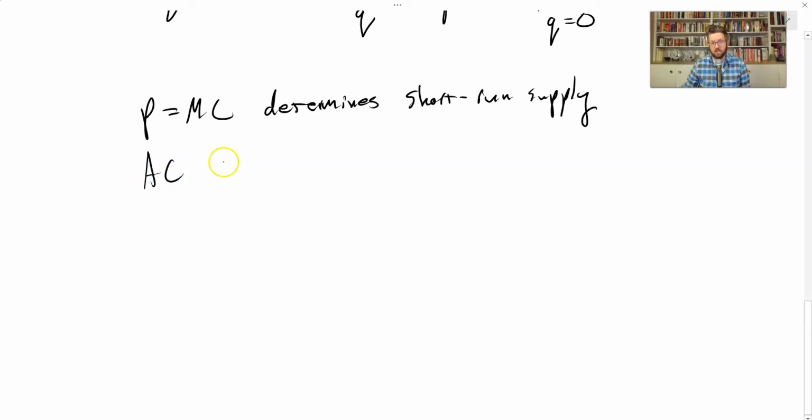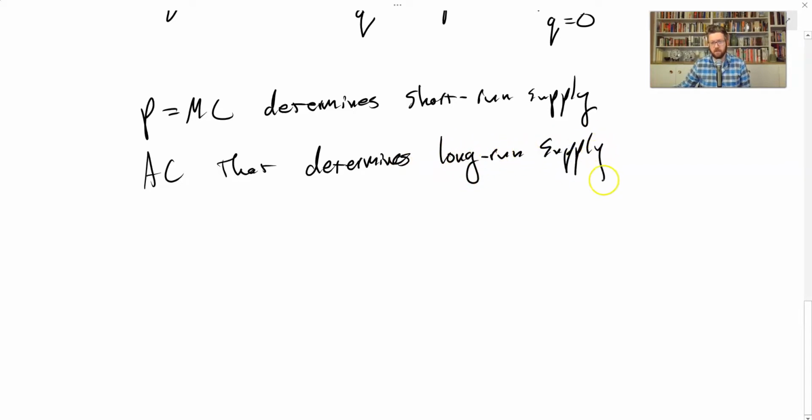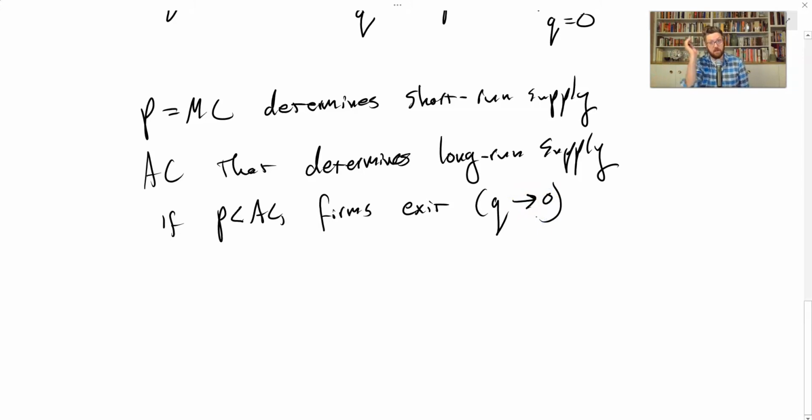It's average cost that determines long run supply. And this is in more ways than we've even covered so far. But for now, we'll say if price is less than average cost, firms exit. Whoops, let's say Q goes to 0. Okay, they stop supplying the market. They just close up and cut their losses.